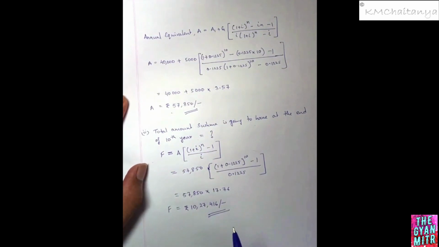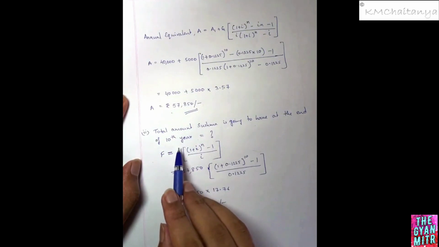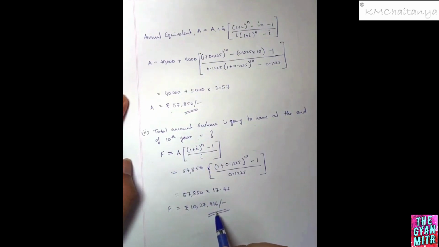So for the investment made by Sushma, she is going to have a total amount of rupees 10,27,416 at the end of 10th year. So this is the solution of this particular problem.